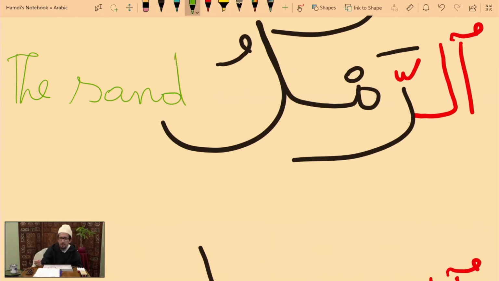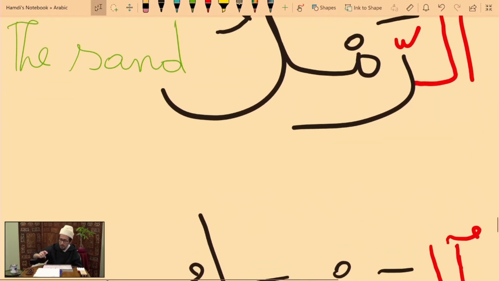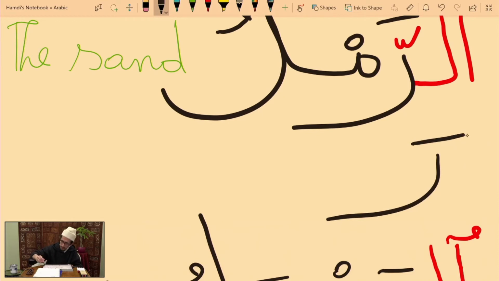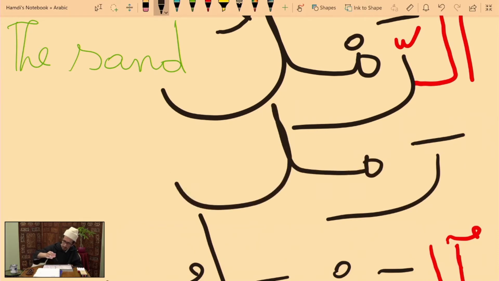So if I want you to say a sand, all what we need is to take off this L and duplicate the last movement, then it will be ramlun. Ramlun.